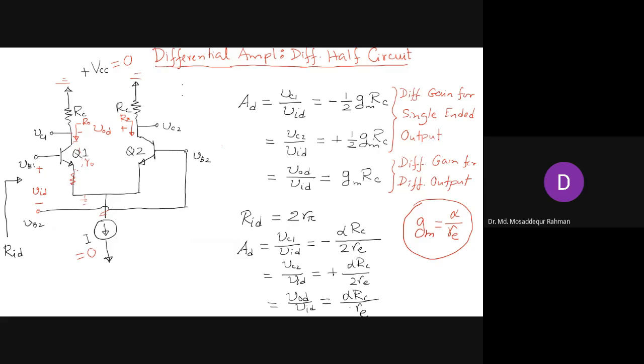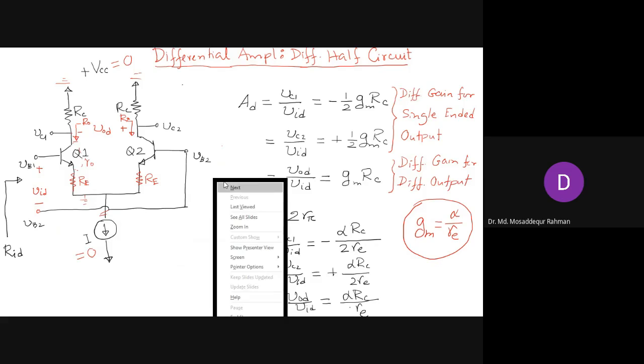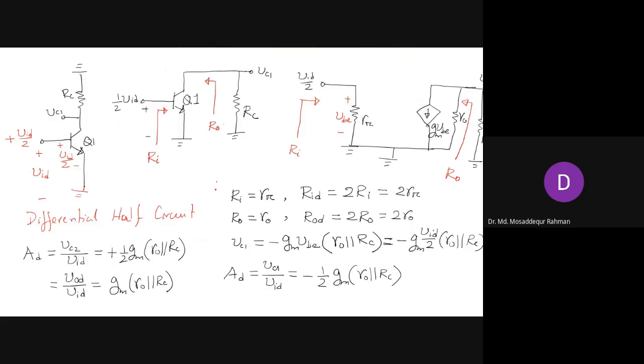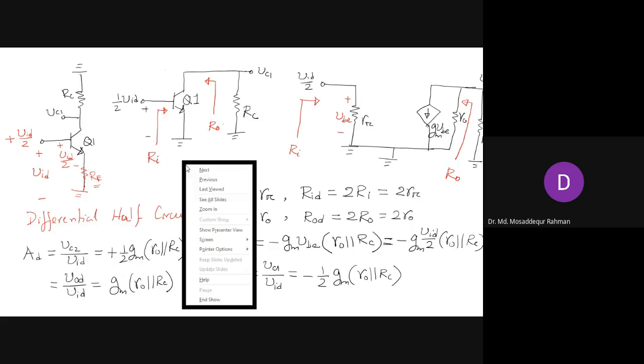Now if you include a resistance RE, how will the differential half circuit modify? Then we'll have a resistance here, RE. Okay. So let's show it on a separate fresh page.